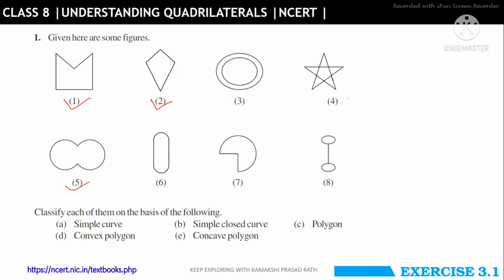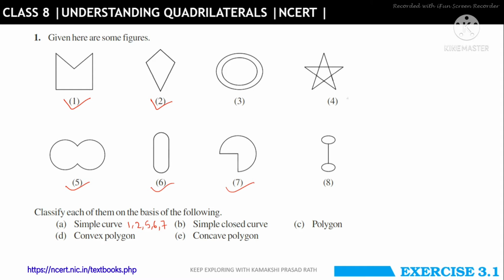So 1, 2, then 5, 6 and 7. 8 cannot be done, as you can see here. Now the next thing says simple curves. So here the simple curves will be 1, 2, 5, 6 and 7.